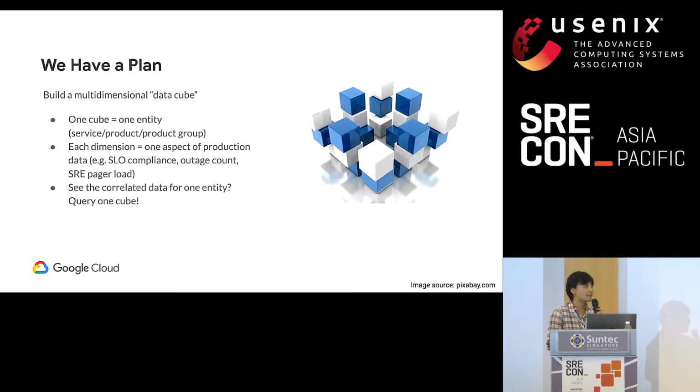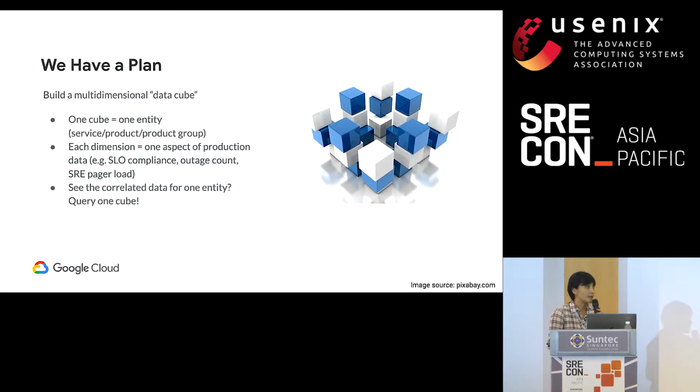We have a plan to achieve the dream. We built our multi-dimensional data cube. Each cube represents our production entity. It can be either a product, a service, or a project. And each dimension represents one aspect of the production metrics.